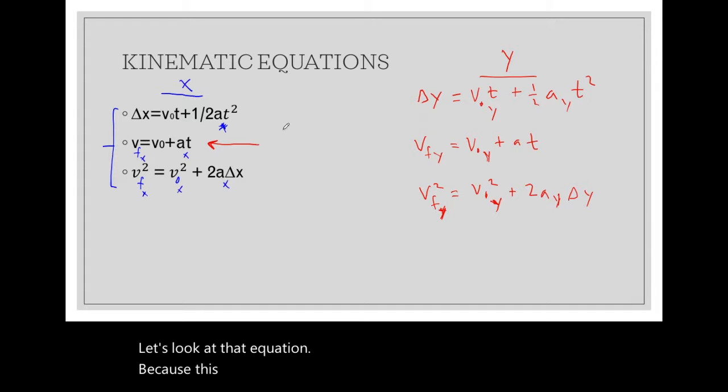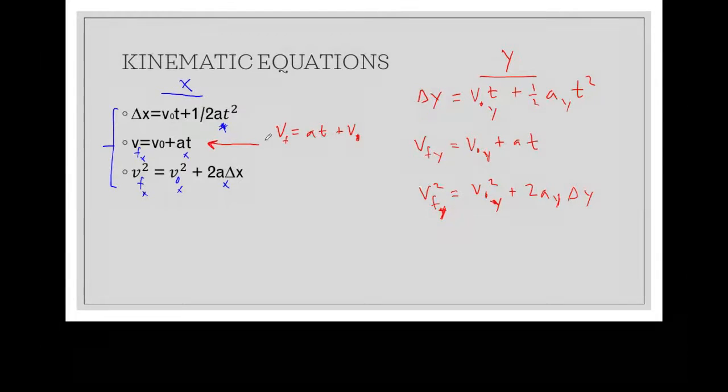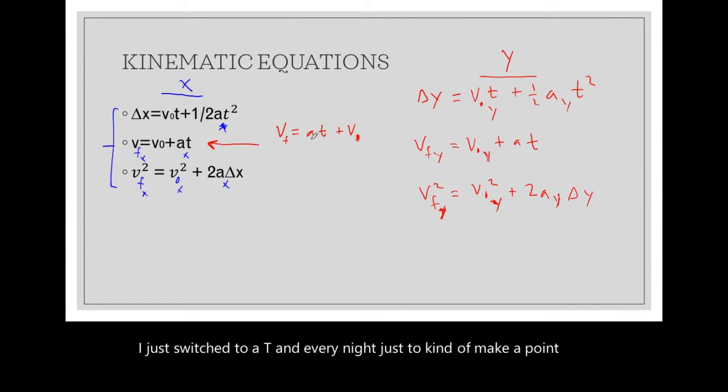I'll write it like this. I just switched the at and the v naught to make a point. That equation has the form of a straight line.